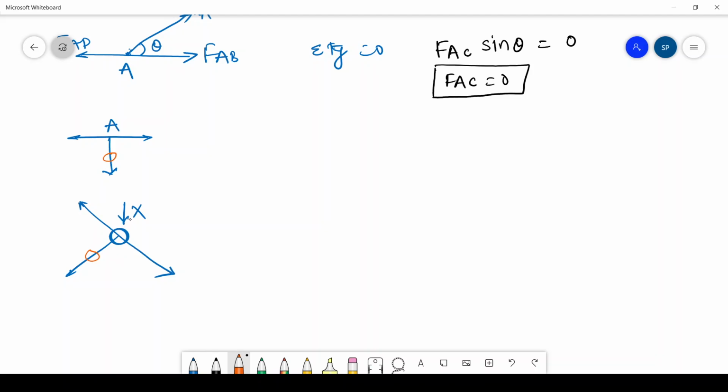So these are some typical joints in a pin jointed structure observing which you can identify zero force members. I will draw one truss here.